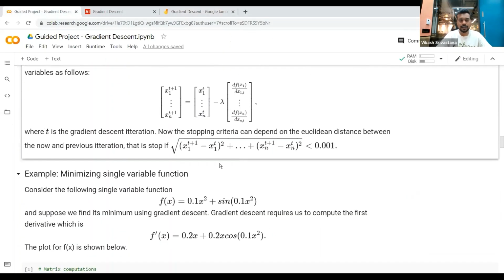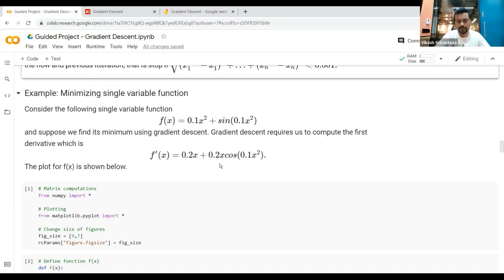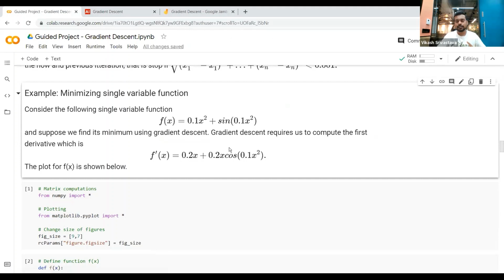So now let's see how we can implement a basic gradient descent in Python from scratch. When you actually use the sklearn functions of machine learning algorithms, they are also being solved numerically.